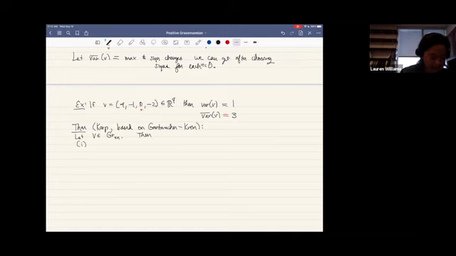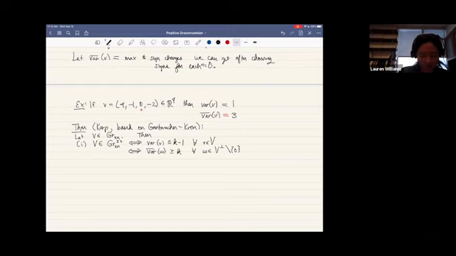The first statement is that V lies in the non-negative part if and only if var of little v is at most k minus 1 for all vectors little v in my subspace V, if and only if var bar of little w is at least k for all vectors little w in the orthogonal complement of V, and I need to also exclude 0 because var bar of 0 is large. This is a characterization of the non-negative part of the Grassmannian.